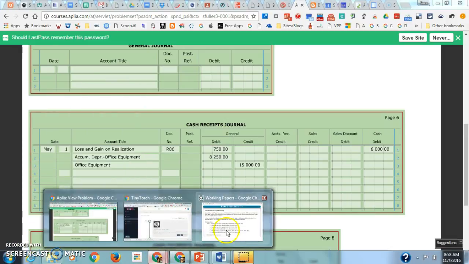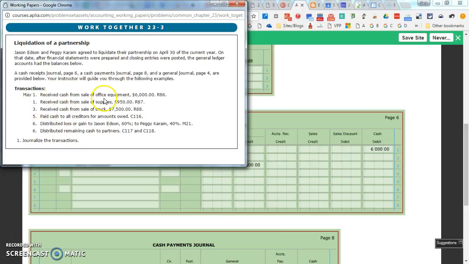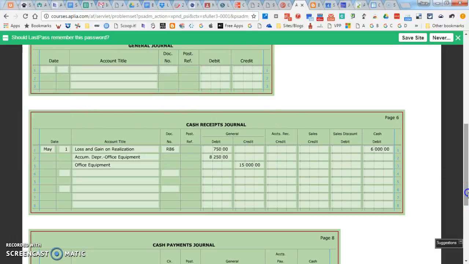And next transaction, May 1st, we received cash from the sale of supplies, $950. So we're still here in our cash receipts, and we'll have loss and gain again. Document number was R87.